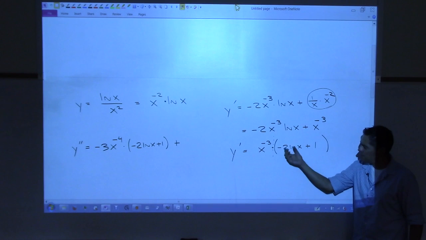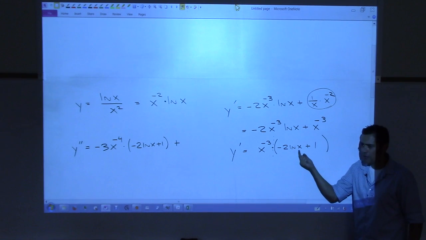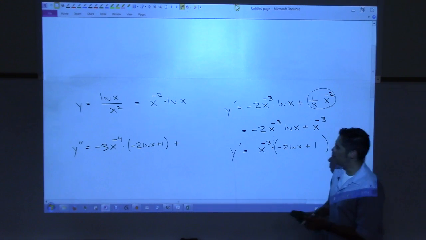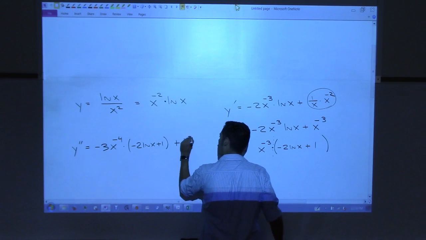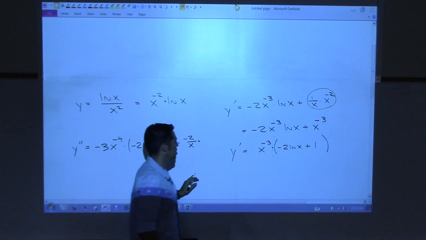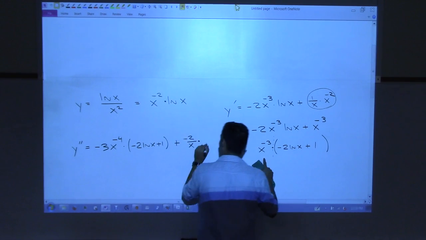Let's do this here. Negative 2 is a constant, so it's going to come along for the ride. The derivative of natural log of x is 1 over x. The derivative of 1 is 0. So negative 2 over x plus 0, so negative 2 over x times the first one. What was the first one? x to the negative 3.